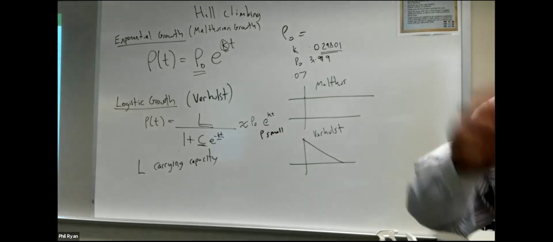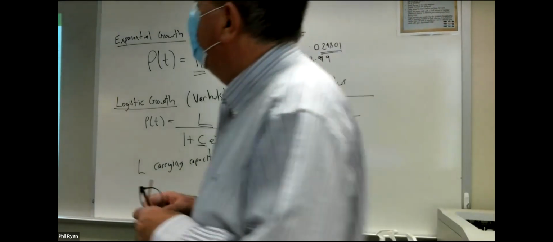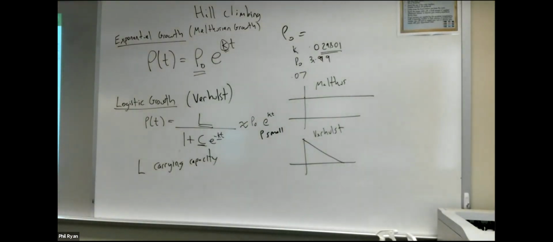Okay, now it's a new game. Let's try to get the error under 100. Do that by just changing these three things: P naught, K, and L. Don't touch C, because I've got a formula for C that's based on P naught and L. So try changing those three things and trying to get the error as good as possible. Does that make sense?